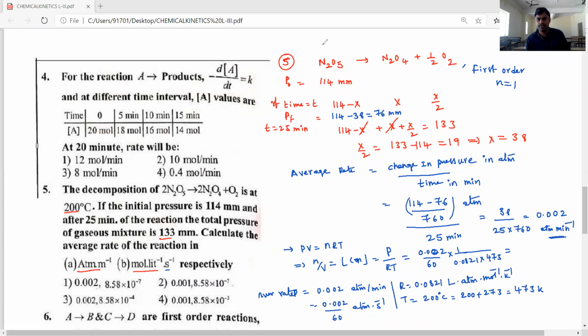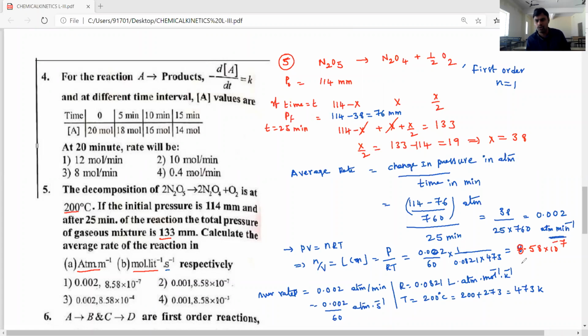On simplification, we'll get the value 8.58 into 10 to the power of minus 7.